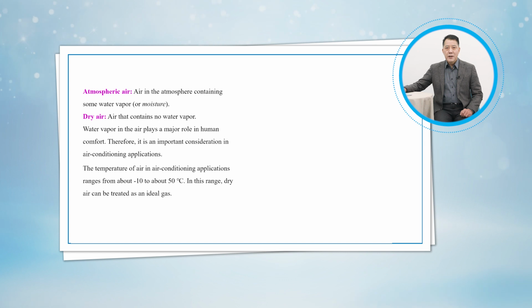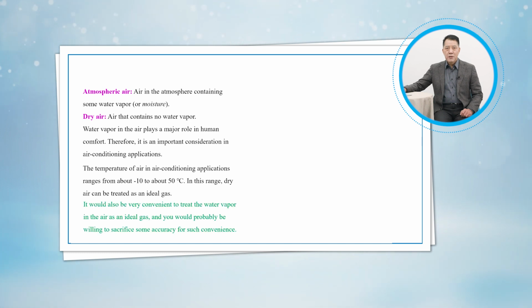The temperature of air in air conditioning applications ranges from about -10 to about 50 degrees centigrade. In this range, dry air can be treated as an ideal gas.